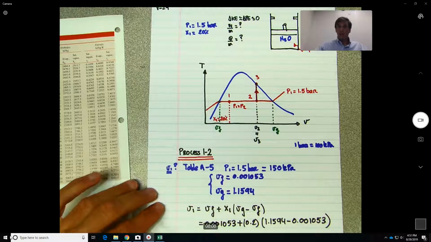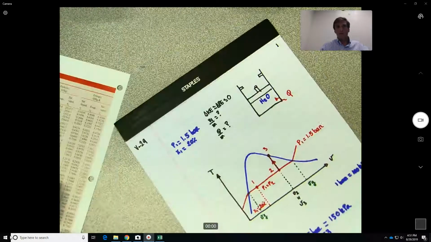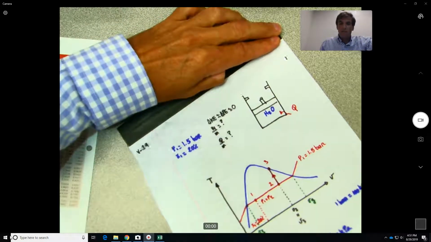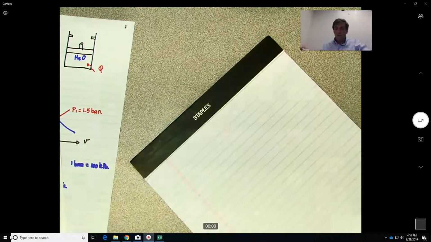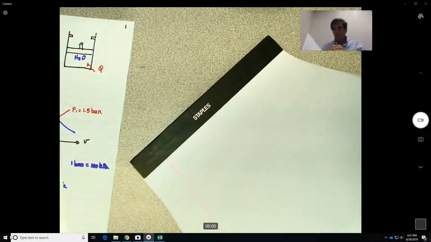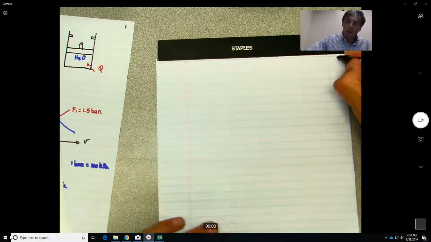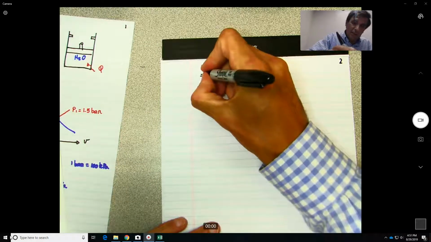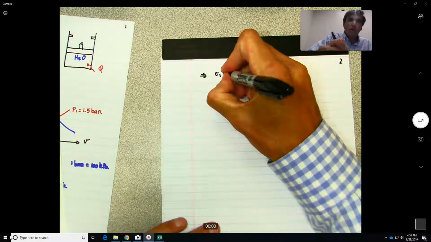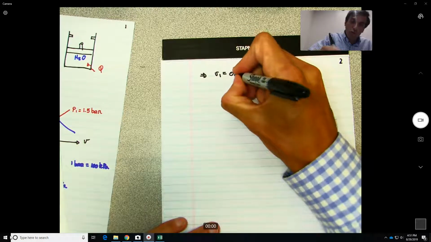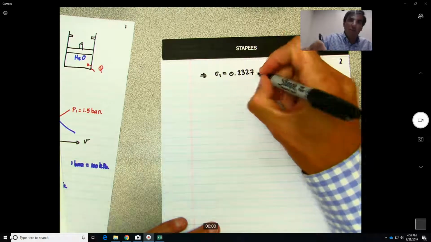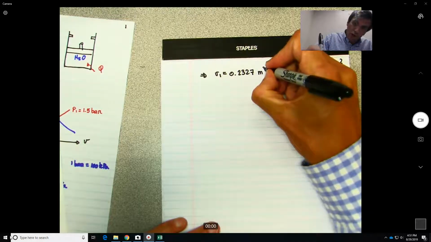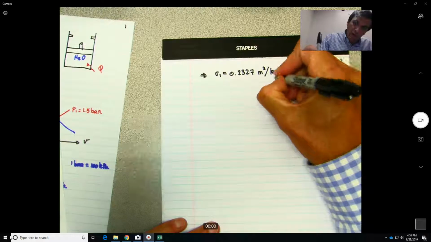So if we do this calculation, we obtain that v1 is equal to 0.2327 cubic meters per kilogram.